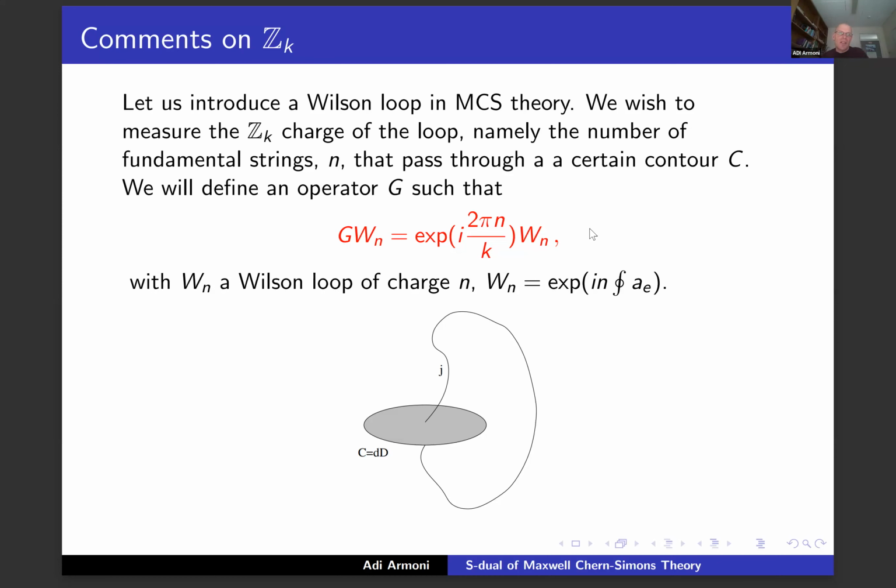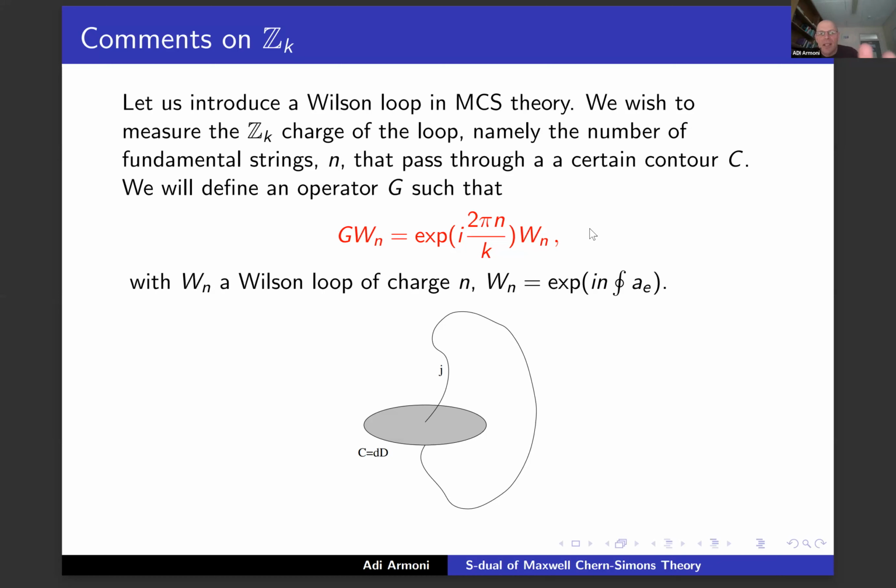So we say that there is a ZK charge, and the Wilson loop carries this charge, and I want to count the total charge. Another way of saying it is that the Wilson loop is written as an exponent of the integral of AE, and I just want to extract this n from the Wilson loop using some operator G. So let me construct it.